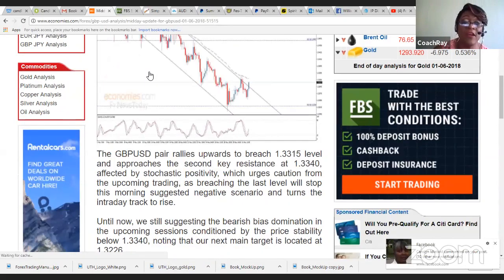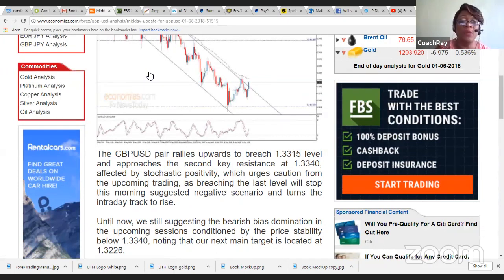GBP pair rallies upward to breach that resistance level up there, and it approaches the second key resistance affected by stochastic positivity, which urges caution from the upcoming trading, as breaching the last level will stop this morning's suggested negative scenario and turns the intraday trade to rise.